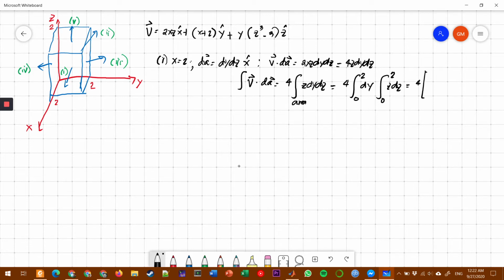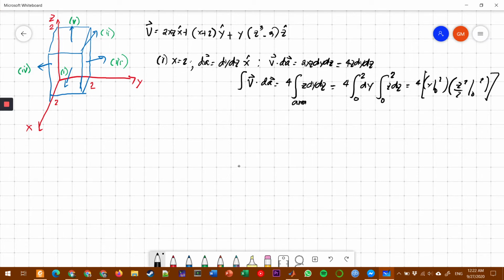The integral of dy is y evaluated from 0 to 2, times the integral of z dz, which is z squared over 2 evaluated from 0 to 2.